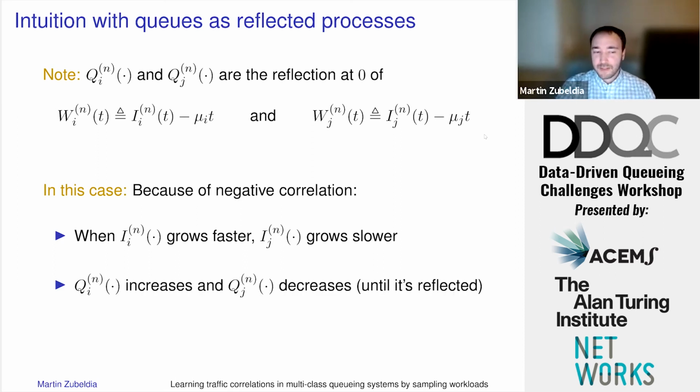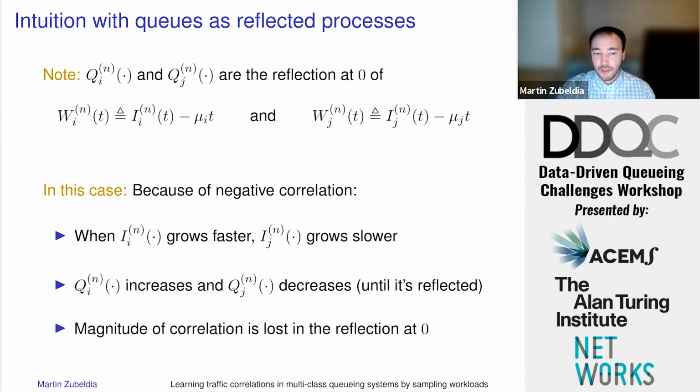And when that happens, the Q length of the one that's growing faster is going to increase. The other one, because it's growing slower, is going to go down, or if it's at 0, it's just going to get reflected at 0. So while one is going up, the other one is essentially bouncing off at 0.